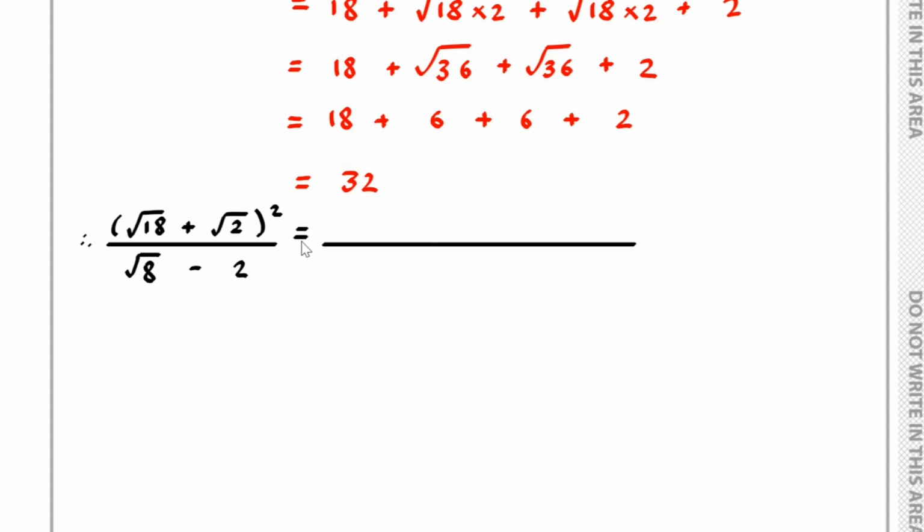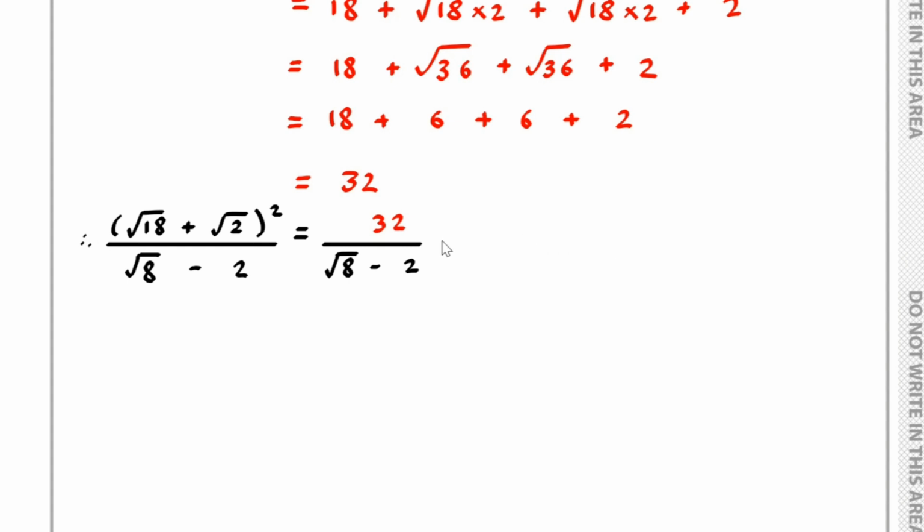What this will equal is, well, this is the same as 32 divided by root 8 minus 2.